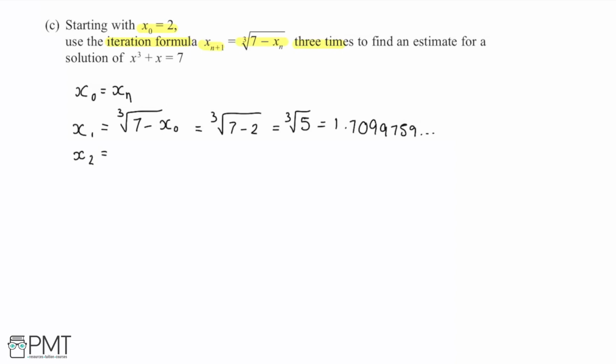So this is xn plus 1 when n is equal to 1. So finding the cubed root of 7 minus x1 this time. So the cubed root of 7 minus this value that we calculated before, but use the exact value that can be stored on your calculator.